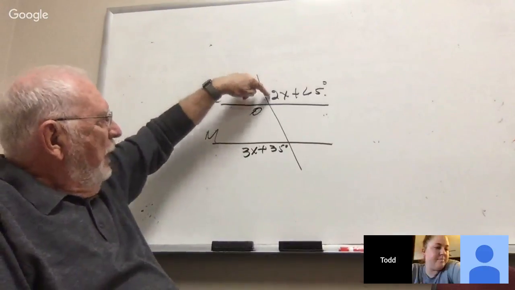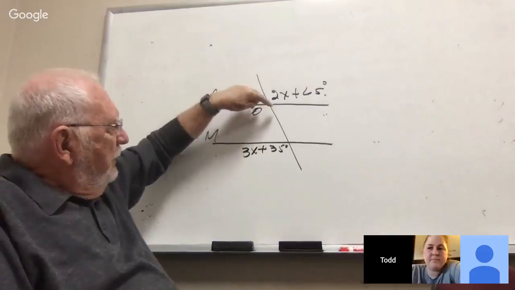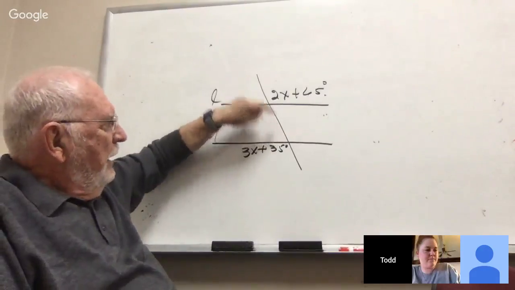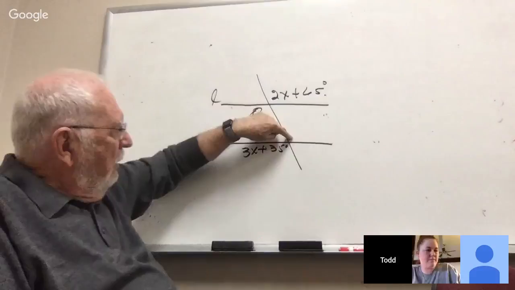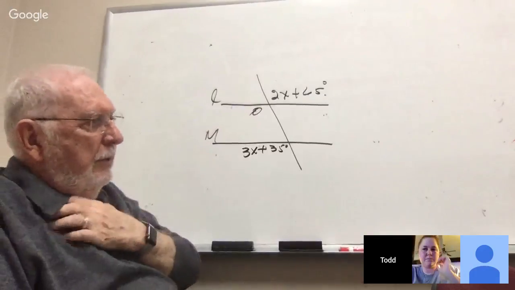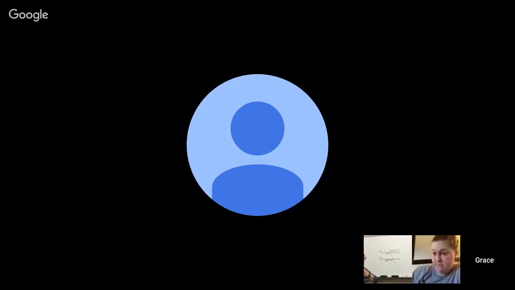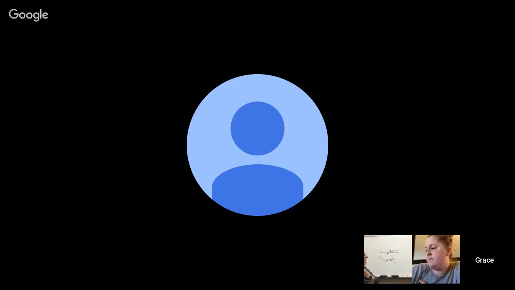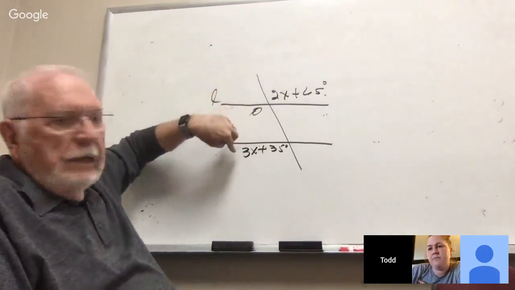So we know these two are vertical. This one and this one are alternate interior, and these are alternate interior. But these alternate exterior angles, what do we know about those two? Equal to 180? They're equal to each other. I'm saying they're equal to each other.